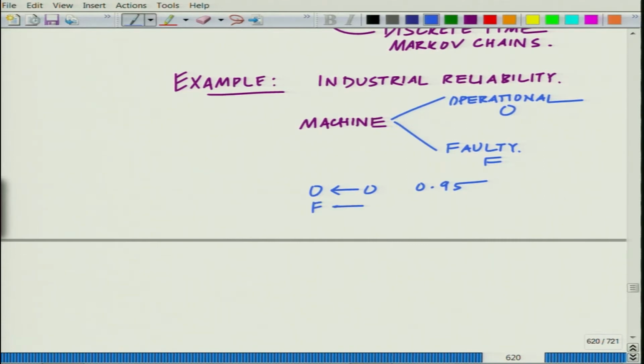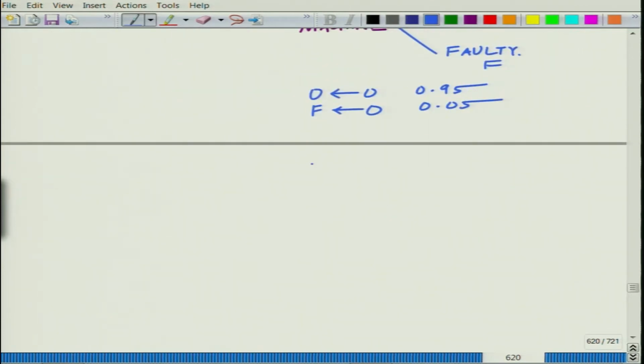The probability that it goes from operational to faulty is 0.05. If it is faulty, the probability that it continues to remain faulty is 0.1, and the probability that if it is faulty, it transitions to operational, is 0.9.